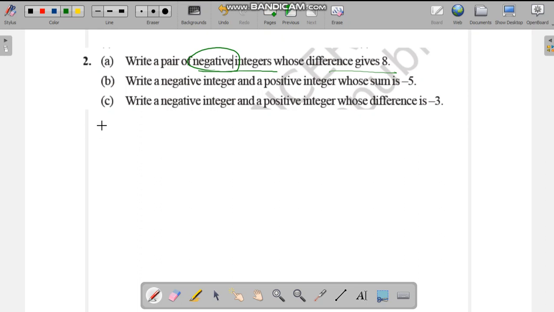So let us go with part B. The B part here is, write a negative integer and a positive integer whose sum is -5. What they want us to do is we need to add two numbers so that we get the answer -5. So one number should be negative and we need to know the other number. So let us put this number as x.